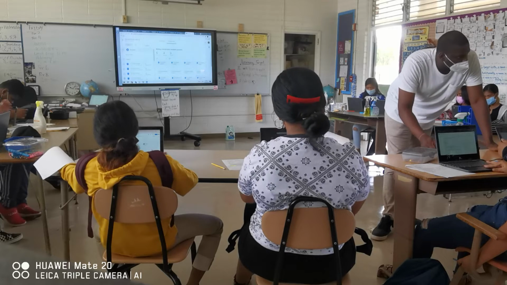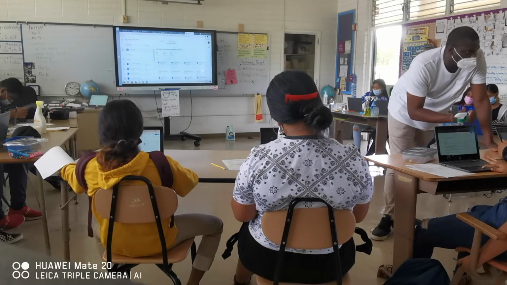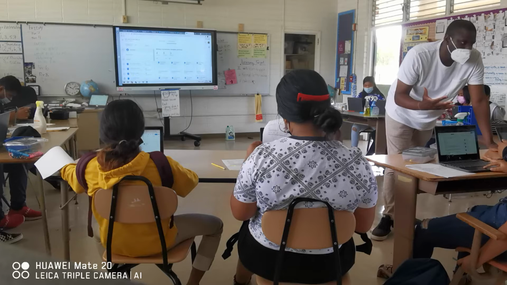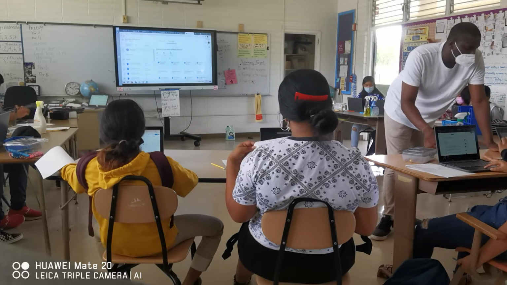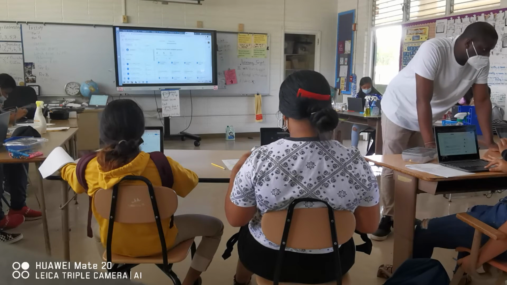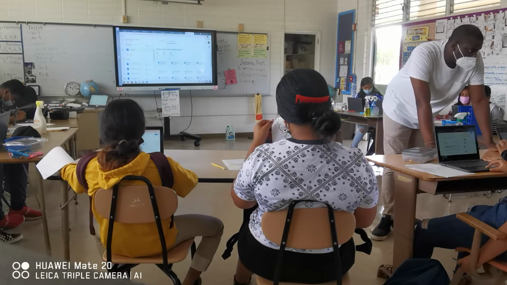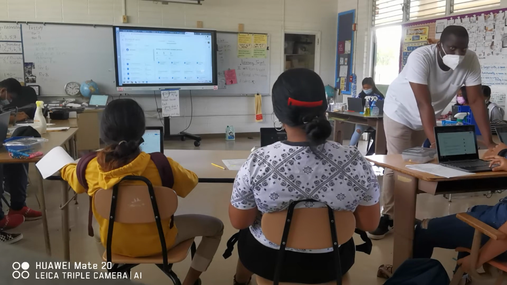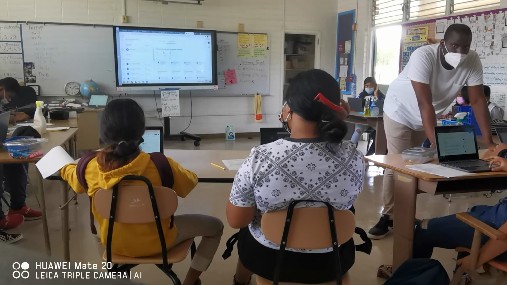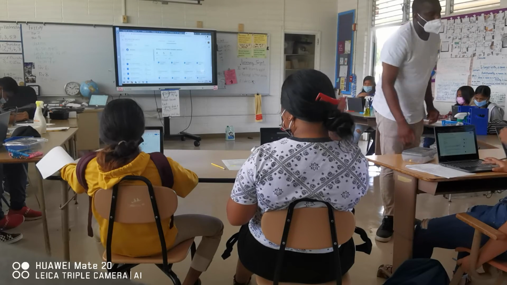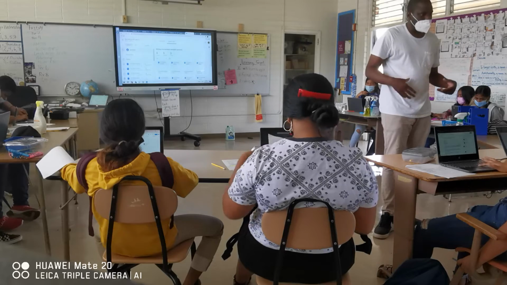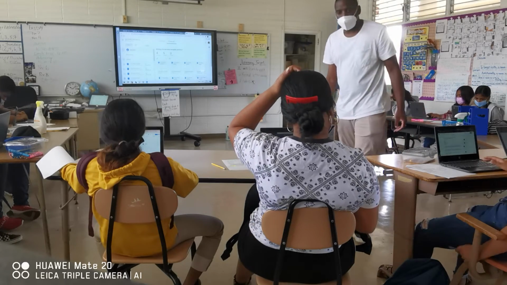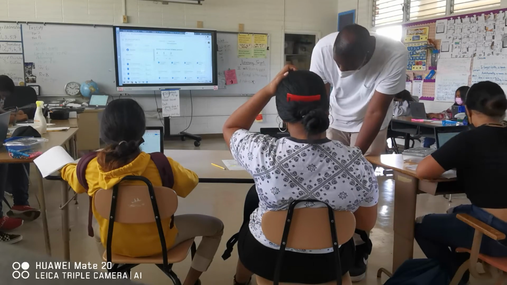So the first paragraph is like, why are you writing the letter? So you say, I'm writing the letter to tell you what I like about the class. Make sure you use the format, okay? And then you talk about the things you like and the things you don't like about the class. And then finally, what changes do you want to see in the class? Okay? That's it. Write the letter.